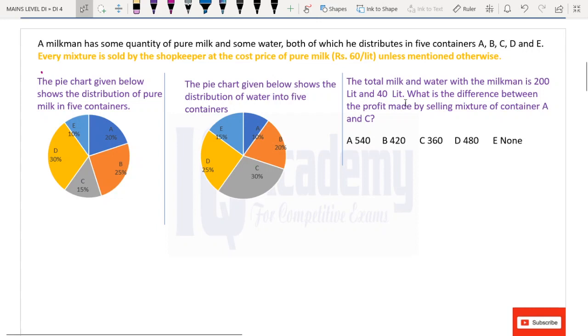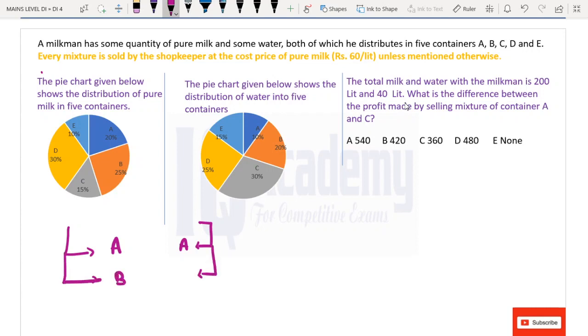So what it means is a milkman has some quantity of pure milk with him and he is having some water. He is mixing some pot of milk in A and some pot of water in A. Like that, some pot of milk in B, some pot of water in B. Like that, he is mixing milk and water in containers A, B, C, D, E. And he is selling that mixture at the cost price of pure milk.